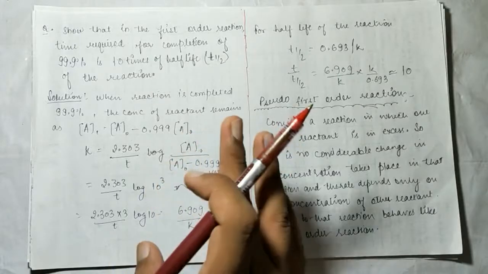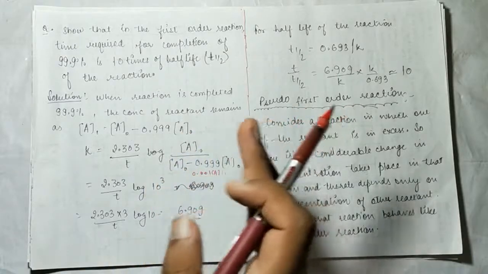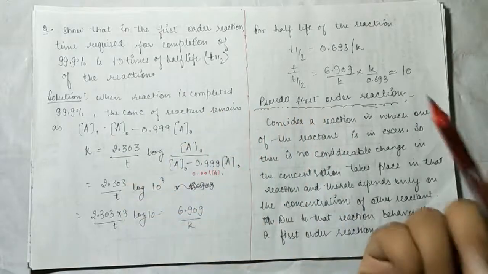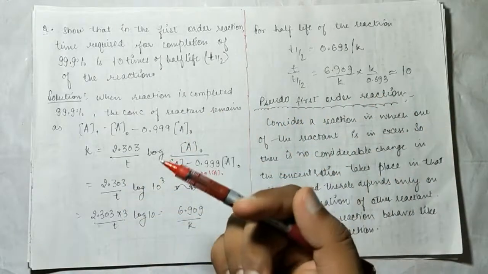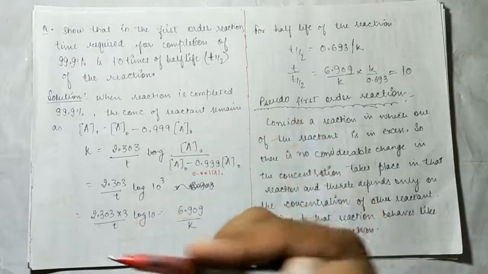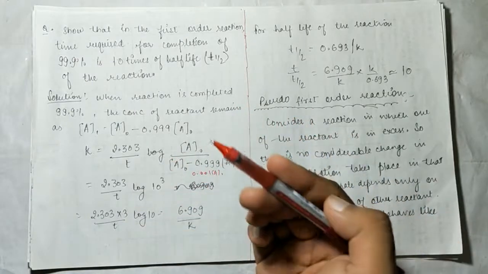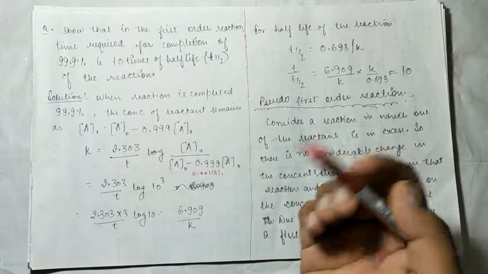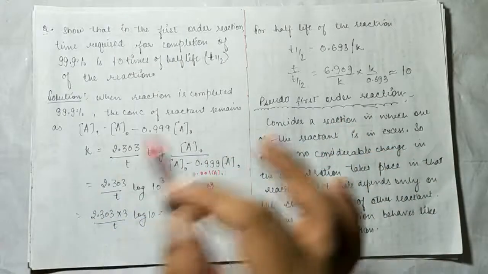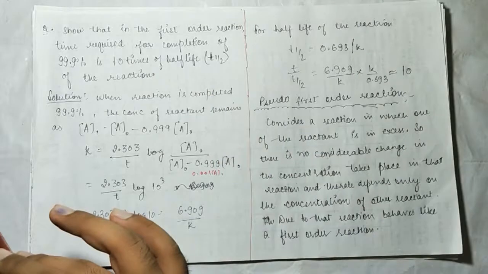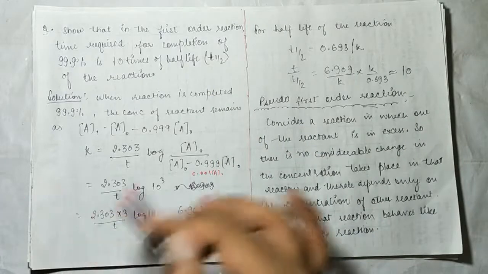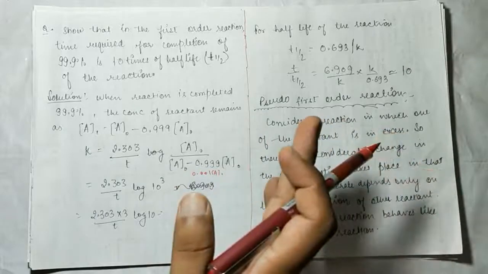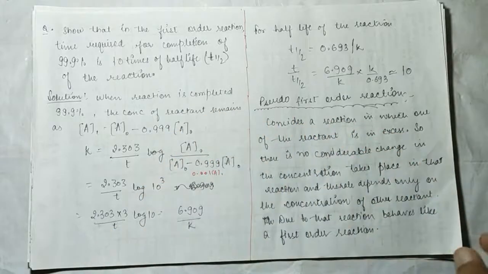For example, we are making a solution and consider that as a reaction. In that solution we use 10 liter, 20 liter of water and 1 gram, half gram of sugar. Okay, and we are making the solution. So in that case the concentration of water remains almost constant. There is no considerable change in the concentration of water, but the sugar particles dissociate.